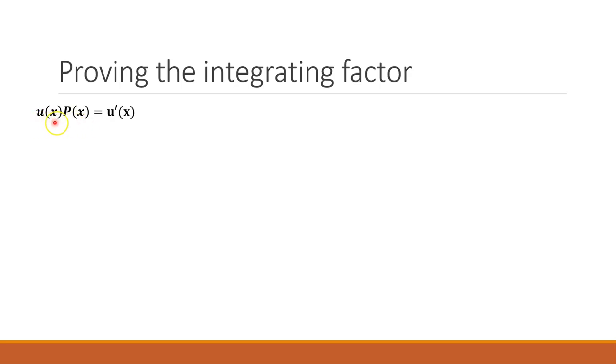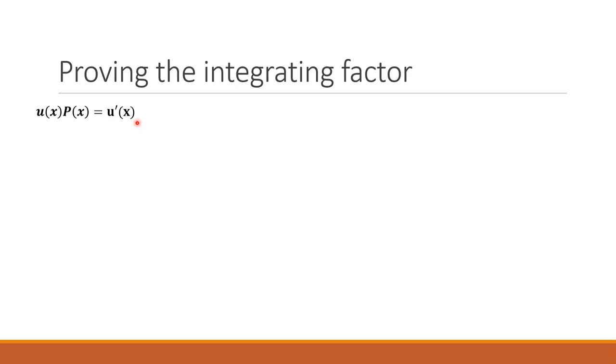Now, u of x times p of x has to be a derivative of u of x itself, the integrating factor itself, in order to put that first order linear differential equation in standard form into the form of the product rule, which makes it much easier to integrate. So this is what we're trying to get to, where u of x times p of x is a derivative.